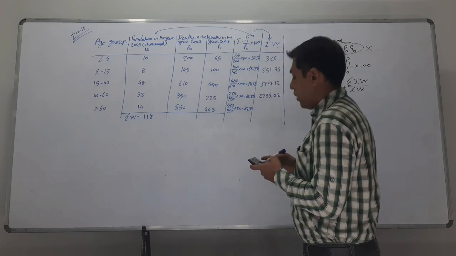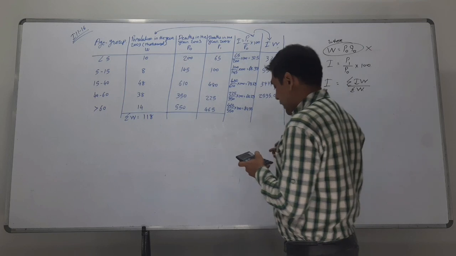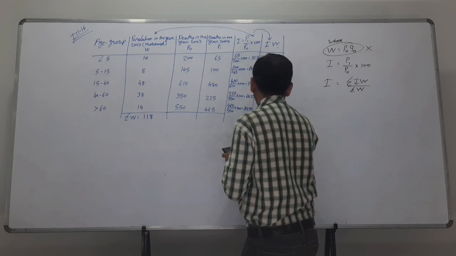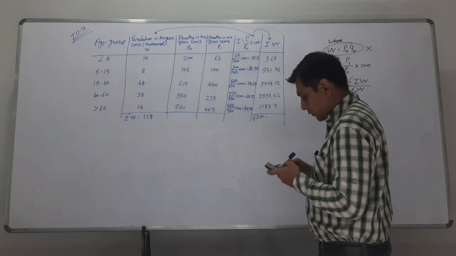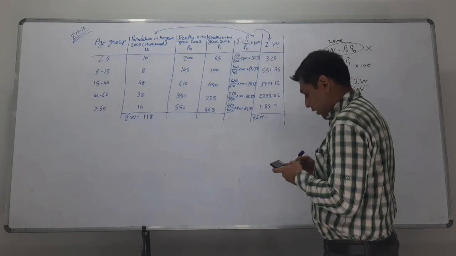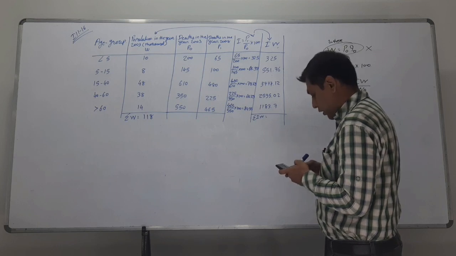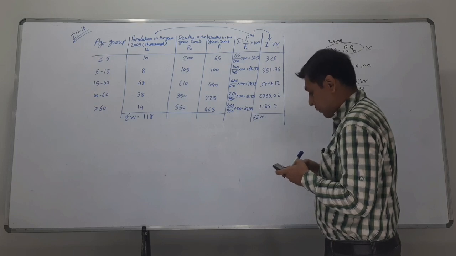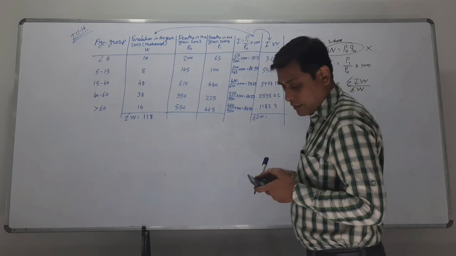And the last one is 14 into 84.55, that is 1183.7. And we want the total sigma IW, that is 325 plus 551.76 plus 3777.12 plus 2595.02 and plus 1183.7. The answer is 84.